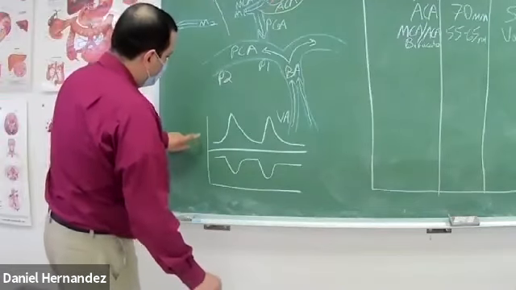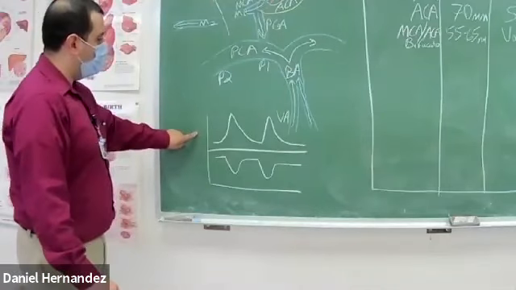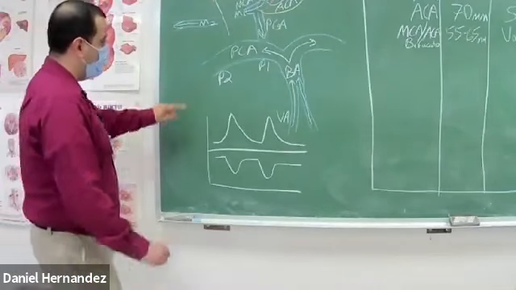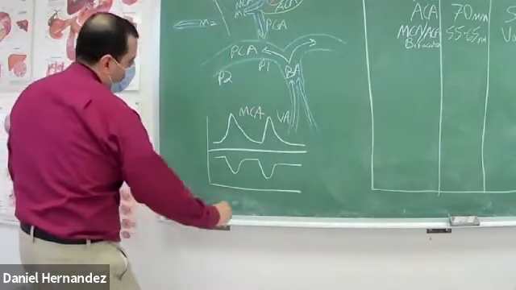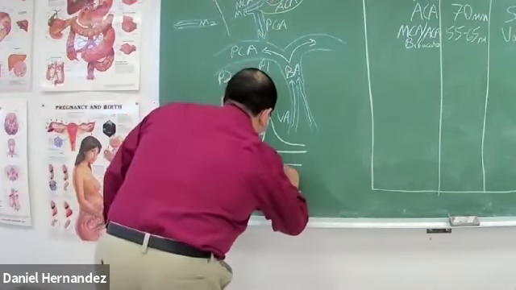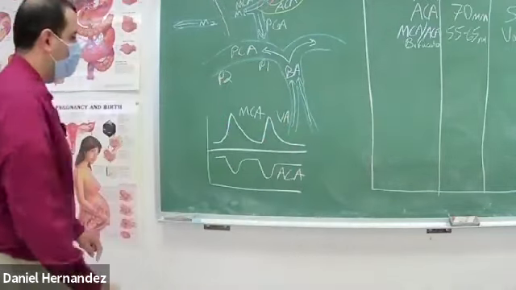If you look at this waveform, above the baseline would be coming towards you. So that would be your MCA, your middle cerebral artery. And then the waveform below the baseline is going to be your anterior cerebral artery going away from you.